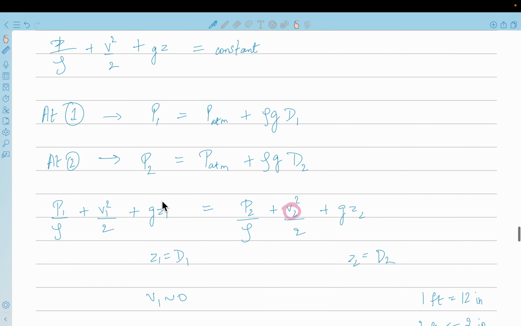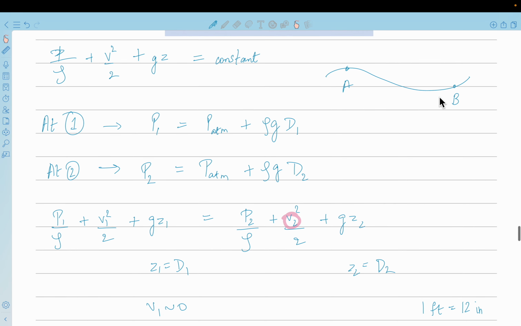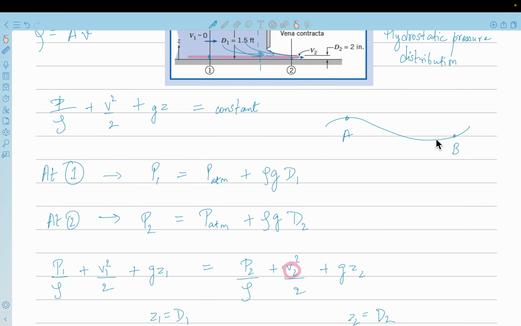Now the reason is, see, when we take P1 by rho plus V1 square by 2 plus g Z1, this is along a streamline at this location A and at this location B. And how do we define Z1 or Z2? So it should be from a fixed surface, right?